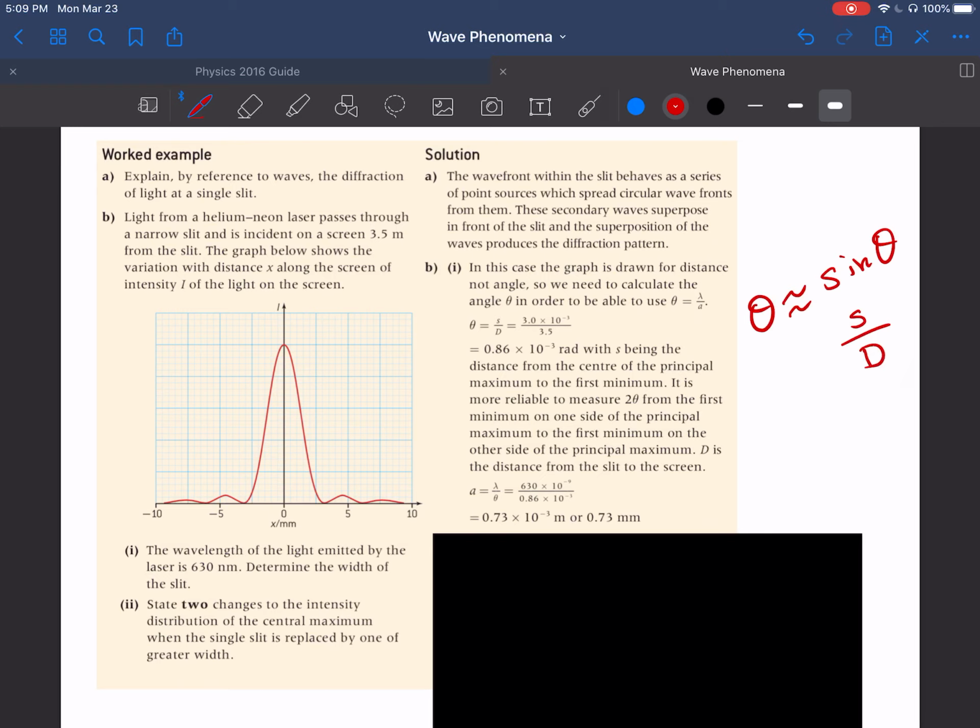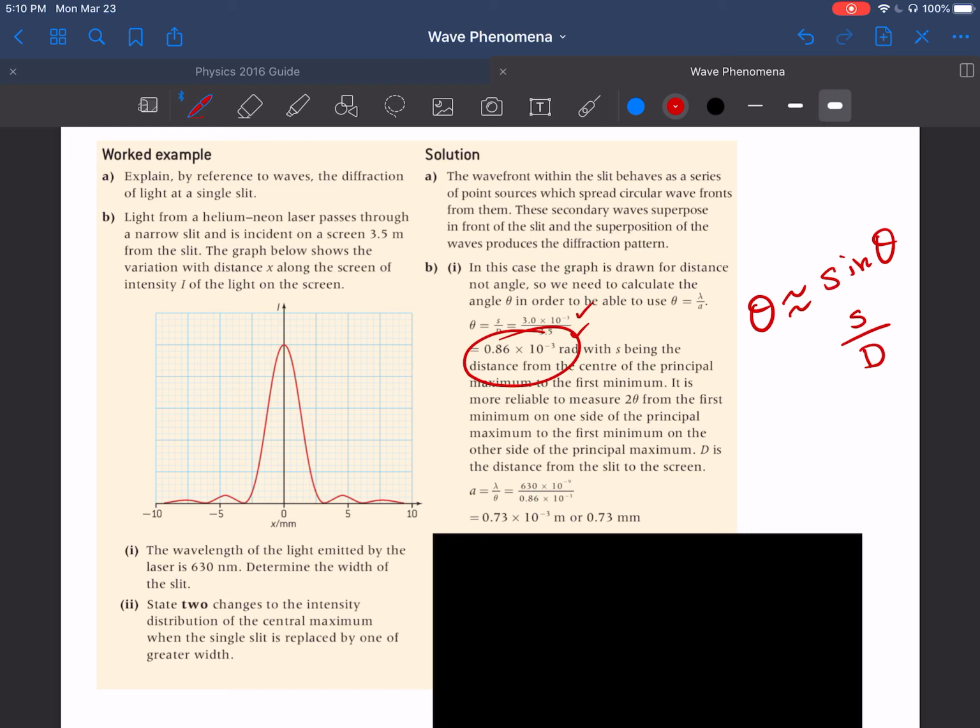This should be familiar to you from the double slit formula. And so we do, therefore, s over d equals 3.0 times 10 to the negative 3 meters divided by 3.5 meters, and that gives us our angle, 0.86 times 10 to the negative 3 radians.